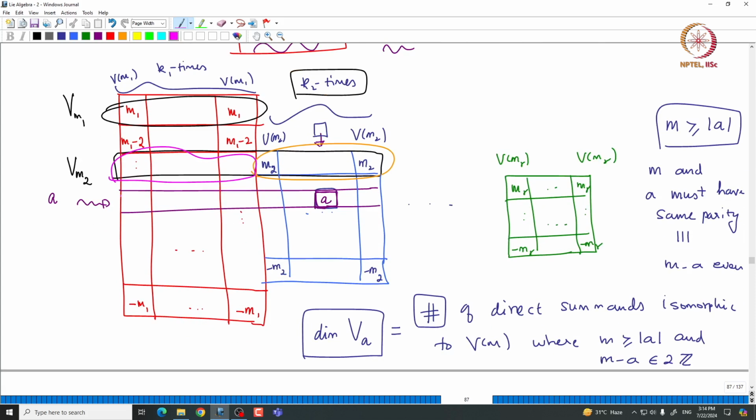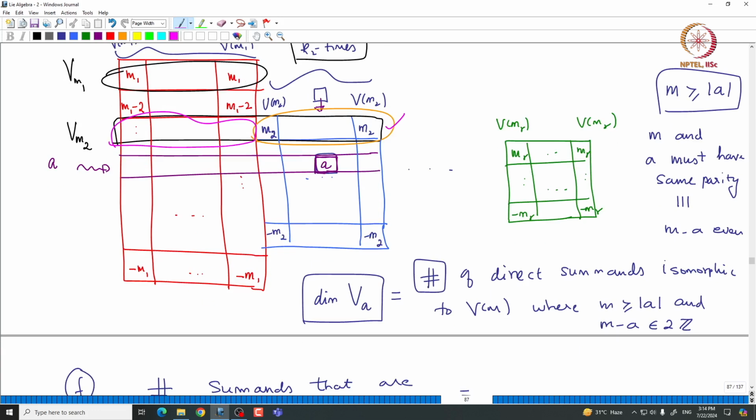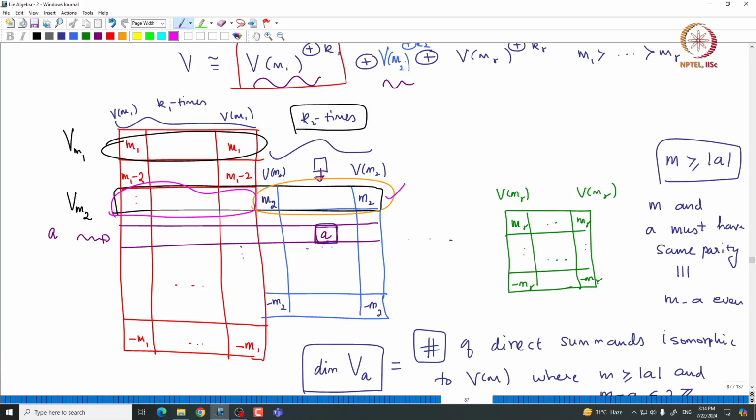So, how can one subtract that extra from this entire thing, so that we can get this? This is just an inclusion exclusion. You can see that to get the number of times K2, let me write the formula here. This K2 is exactly equal to, you look at this entire space.